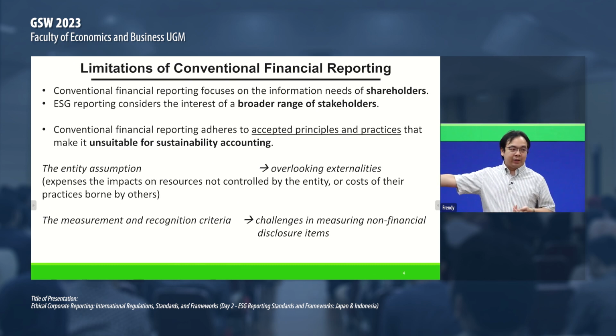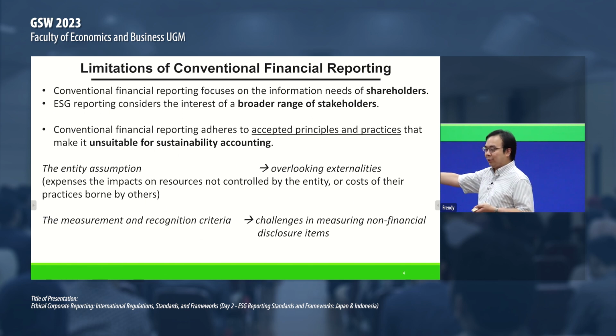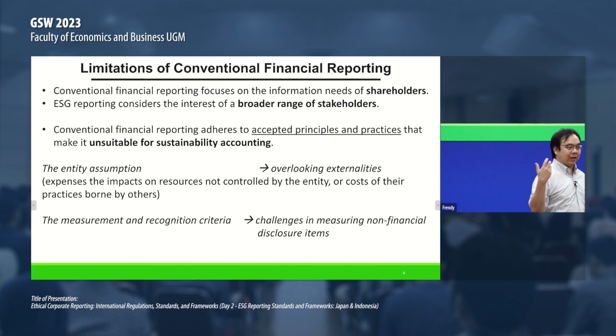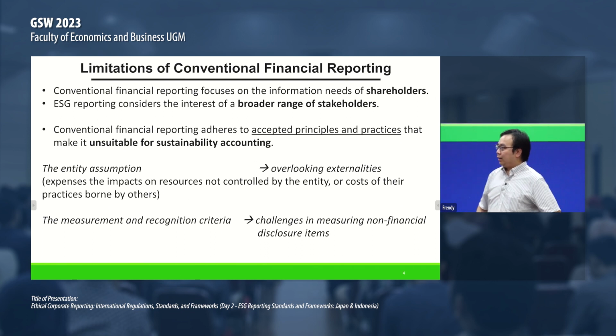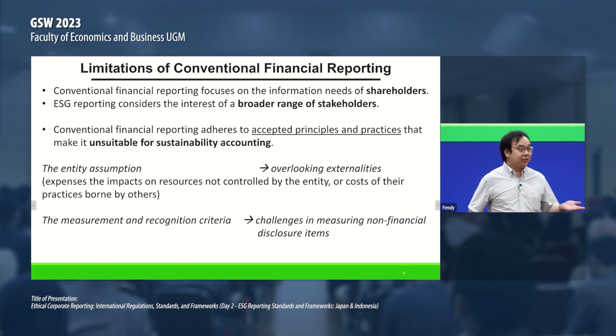So the strict recognition criteria that exist in accounting standards prevent it from being reported, okay? So in order to overcome these challenges, the standard itself has to change, okay? So that's the motivation behind the development of new reporting standards for ESG reporting.